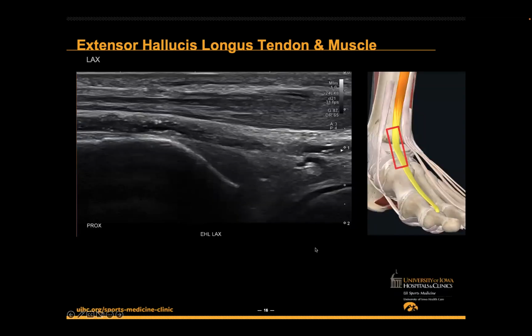Rotating into long axis back at the level of the tibio-talar joint, you start to see this transition from a fairly normal tendon appearance to where it starts to get thickened, becomes more hypoechoic and overall swollen.